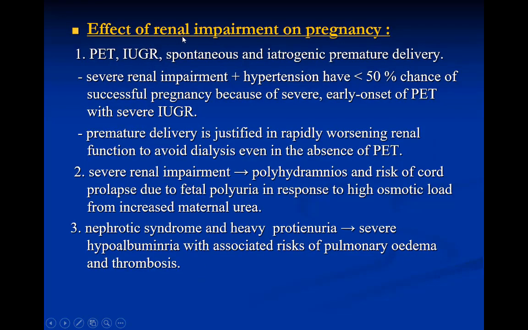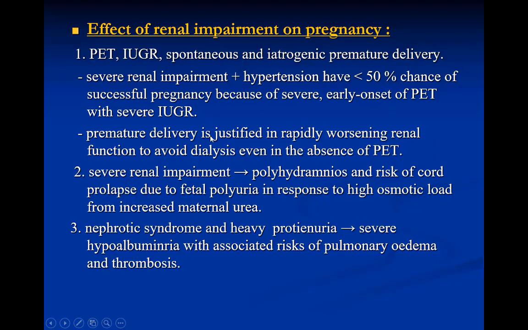What is the effect of renal impairment on pregnancy? There is an increased risk of preeclampsia, IUGR, and spontaneous and iatrogenic premature delivery. Severe renal impairment plus hypertension has less than 50% chance of successful pregnancy because of severe early-onset preeclampsia with severe IUGR.